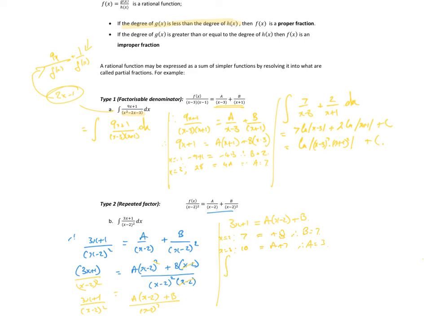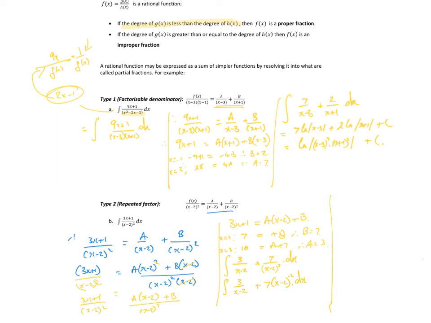So my integral is given by 3 over x minus 2 plus 7 over x minus 2 squared dx. So now I've got an integral there that I can actually antidifferentiate. To make life a little bit easier, here's my log expression again, and let's write this one as 7 times x minus 2 to the negative 2 dx, because that's going to be my linear expression raised to a power.